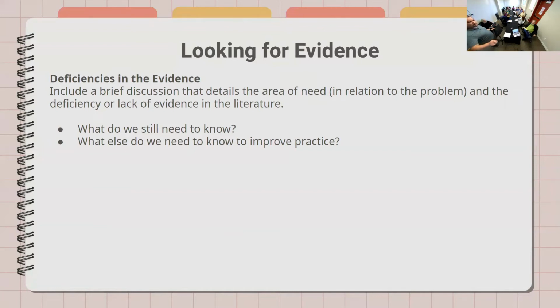This is a little bit more advanced. This is more like when you start to get into advanced graduate and postgraduate work, you're going to be able to actually identify the gap in the research, right?